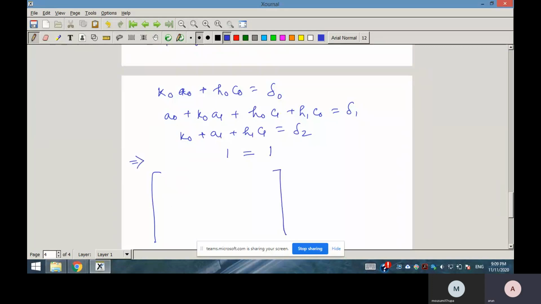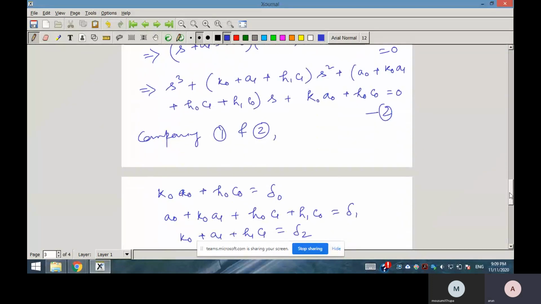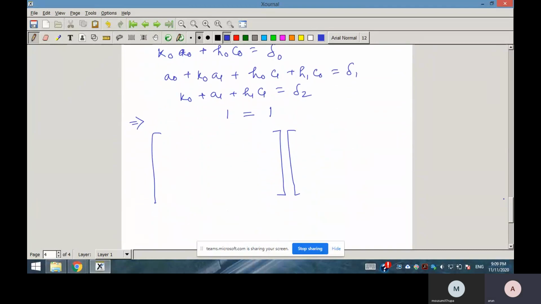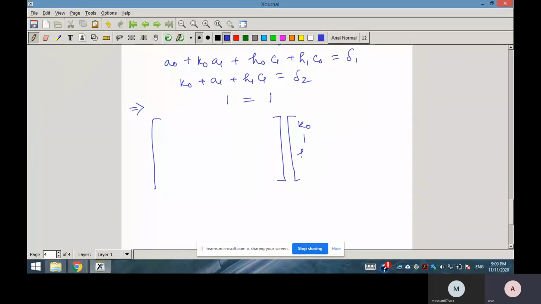I want to write it in this form. The coefficients of the denominator polynomial are k naught, 1, and of the numerator polynomial h naught, h1. This should be equal to what I want: delta naught, delta 1, delta 2 and 1.